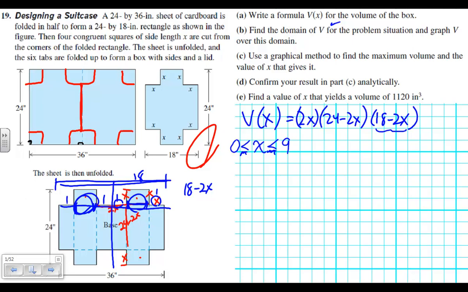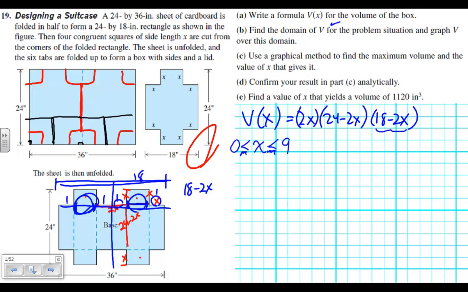But when x gets as big as 9, the squares that are being cut out essentially take up the whole width. So at the two extremes, either you get a really, really flat box, or on the other extreme, you get a really thin box.